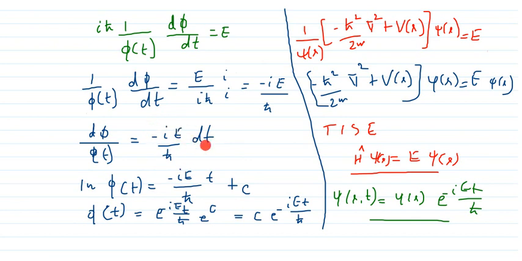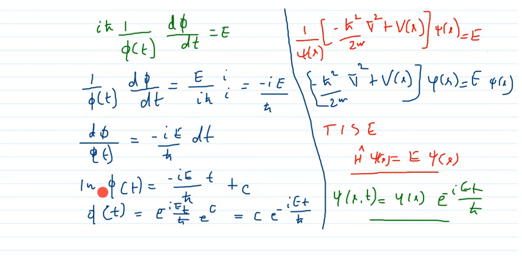So integral dt is t plus a constant c. So you have minus iE by h cut into t. Integral dt is t plus a constant. So whenever you do an integration, you will end up with an additional constant.